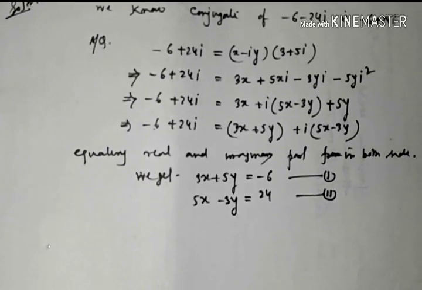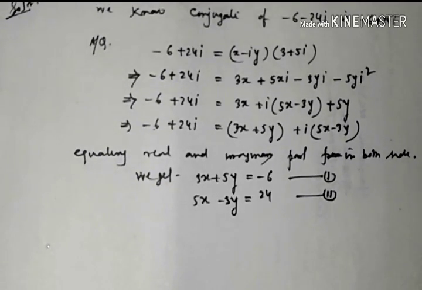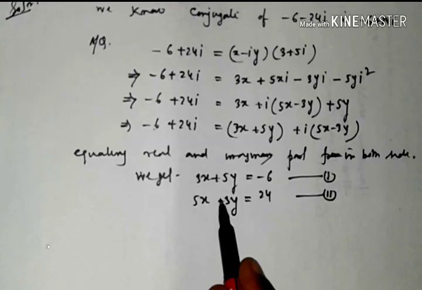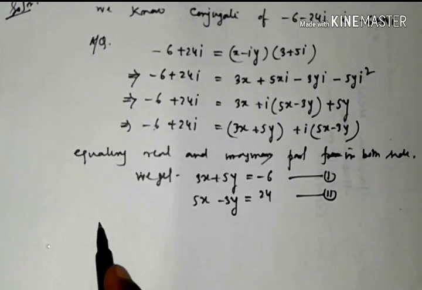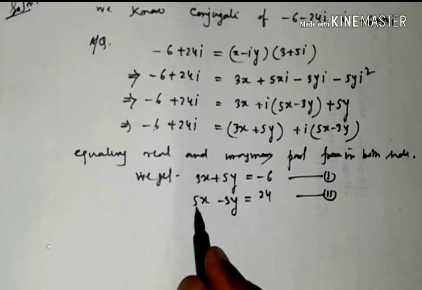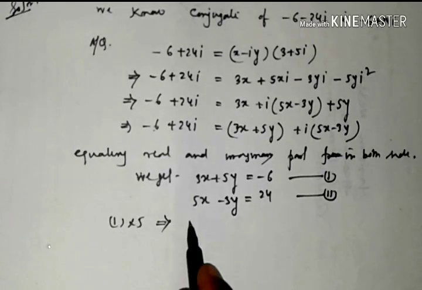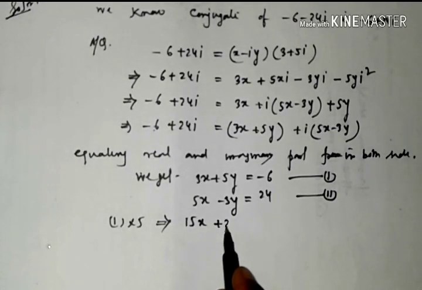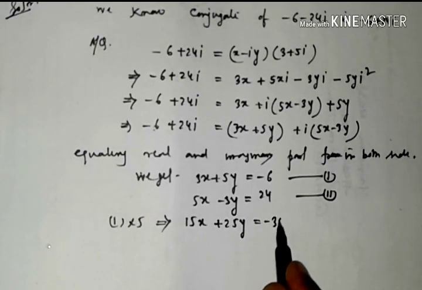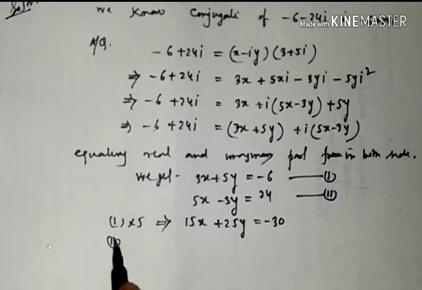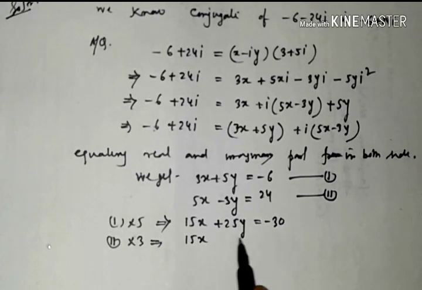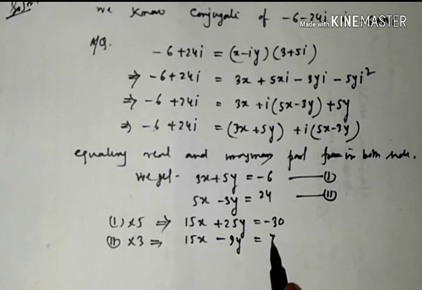Now this is the process. We can find out x and y. We can take the elimination process, that is multiplying equation 1 with 5. That is 1 into 5 implies 15x plus 25y is equal to minus 30. Equation number 2, we have to multiply by 3, that is 15x minus 9y is equal to 24 into 3, 72.